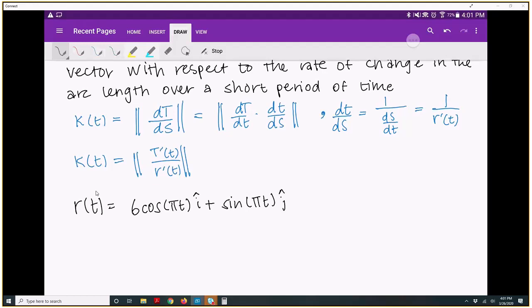We need to find the derivative, so we'll say r prime of t is going to be minus 6 pi times sine of pi t i cap plus pi times cosine of pi t j cap.